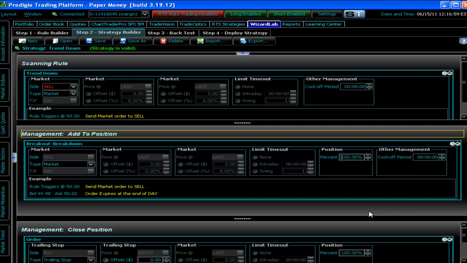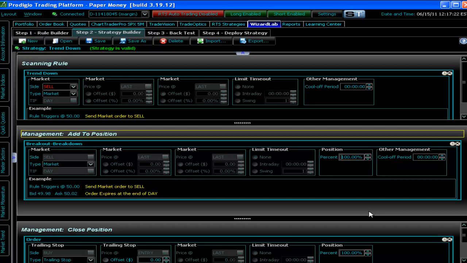And what that means is when this rule fires, if I'm short 100 shares, it's going to sell another 100% of the position. So in other words, if I'm short 100 shares and this rule fires, it's going to sell another 100 shares, effectively going short 200 total shares.